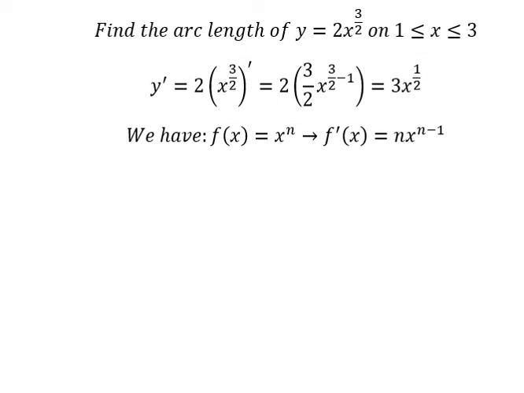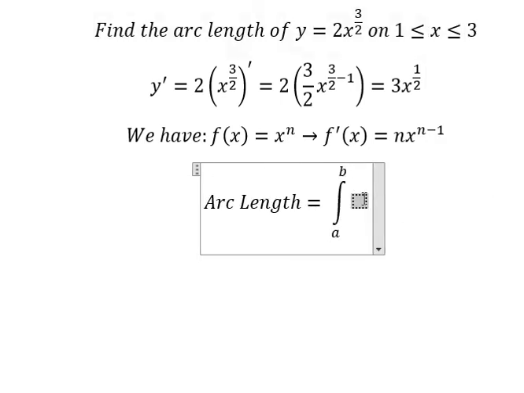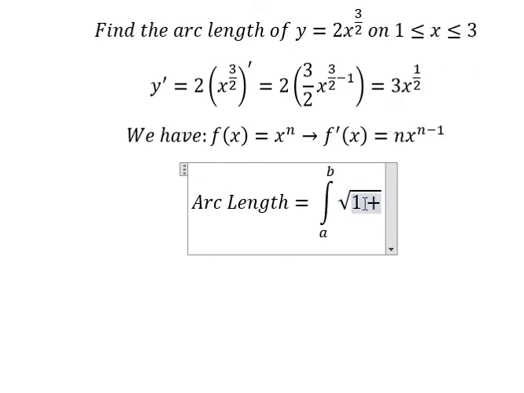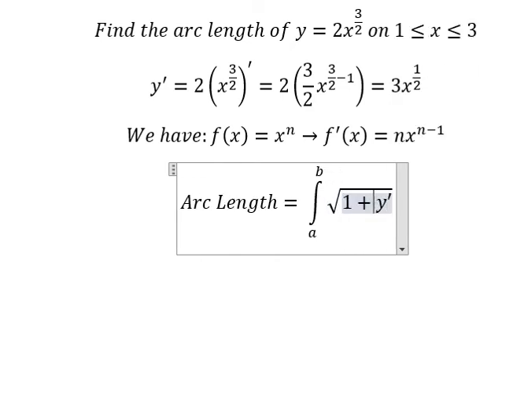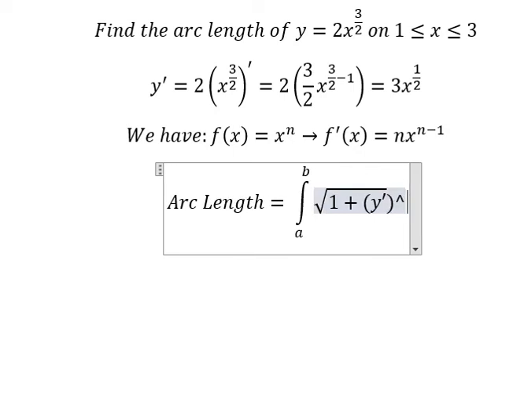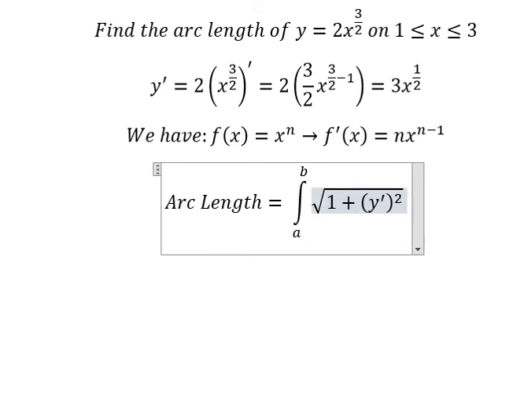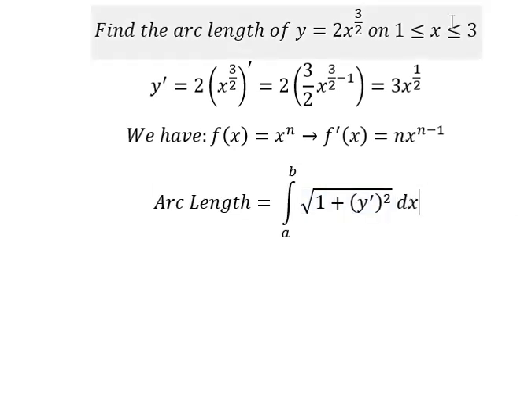Next, we can apply the formula in here. So we have the integration from a to b, and we have the square root of 1 plus the first derivative of y to the power of 2, and we have ds.